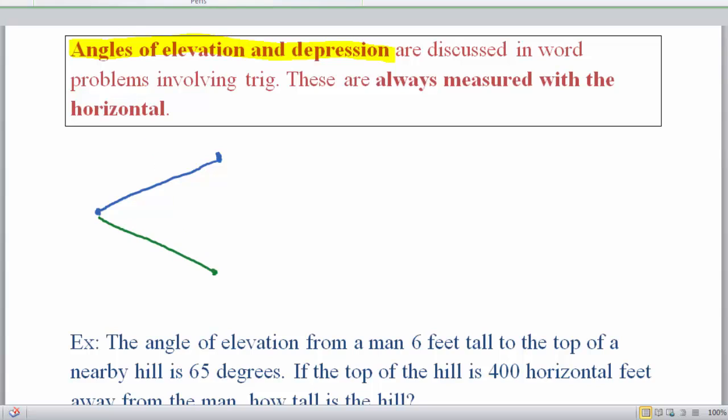But again, the key is that they're always going to be measured with the horizontal, right? So this angle right here would be an angle of, it was up, so it's an angle of elevation.